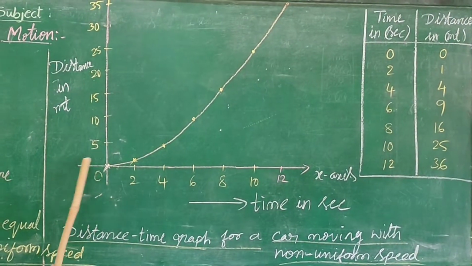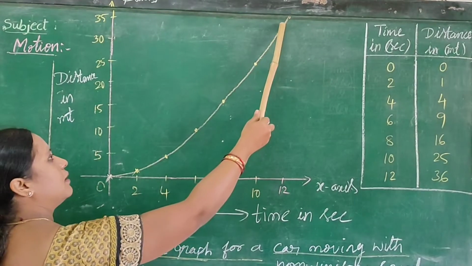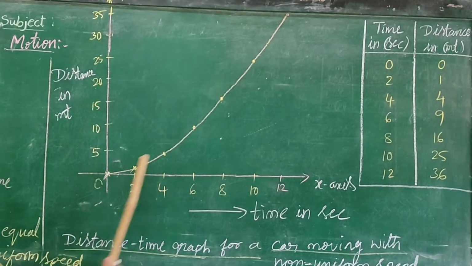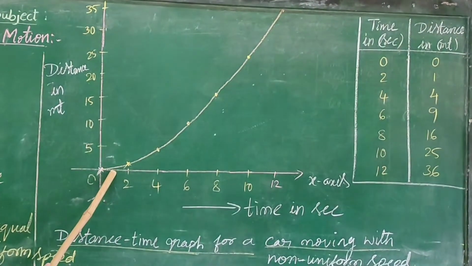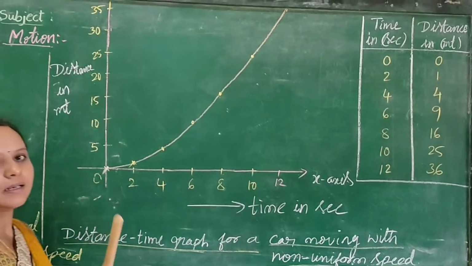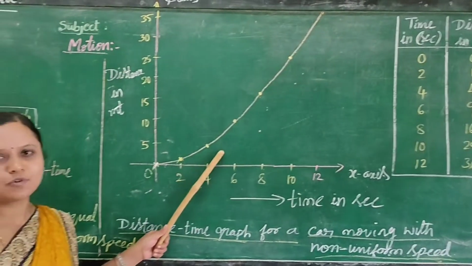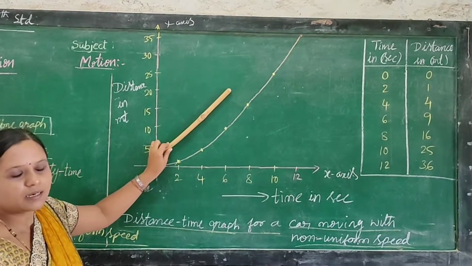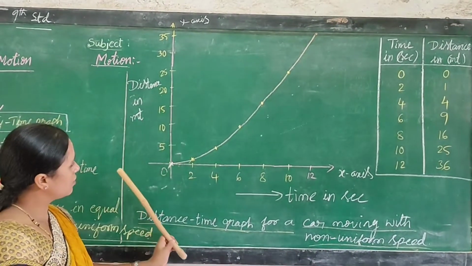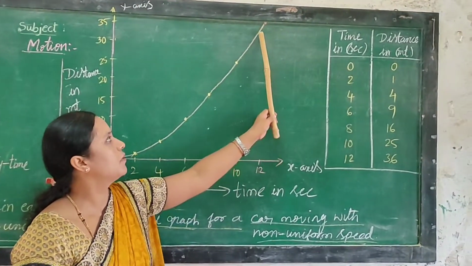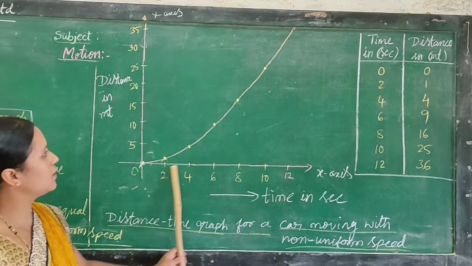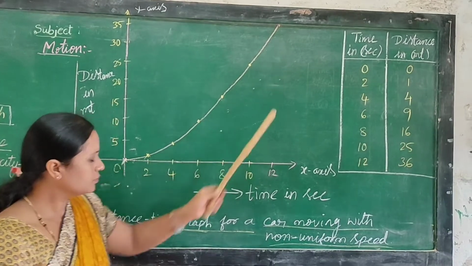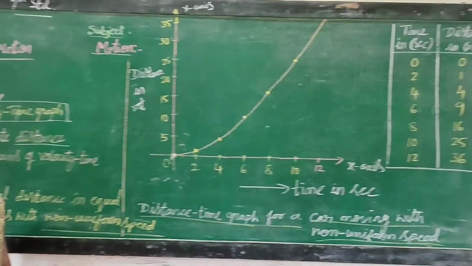Look at this graph: it is not a straight line, so it is non-uniform motion. A straight line graph can be said to be uniform motion, but the graph here is a type of arc. So this is non-uniform motion. What is non-uniform motion?